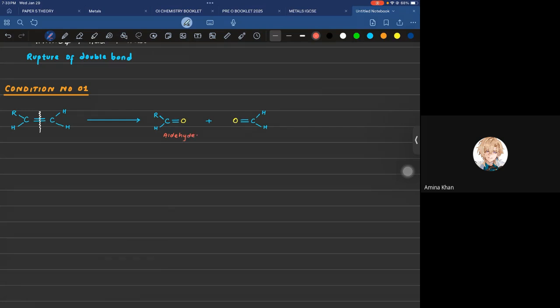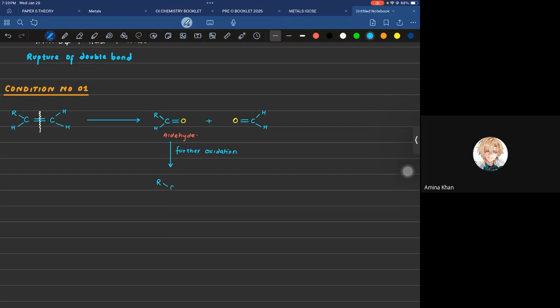So if you have aldehyde in the product, remember, it would further oxidize. Automatically, it would further oxidize.